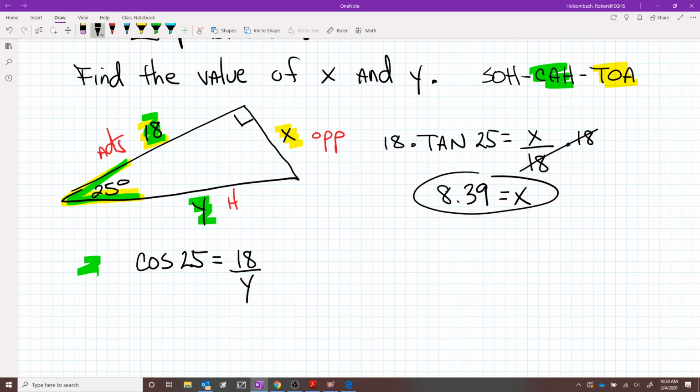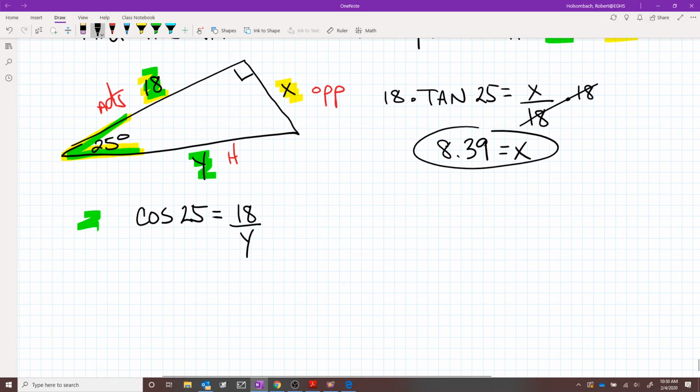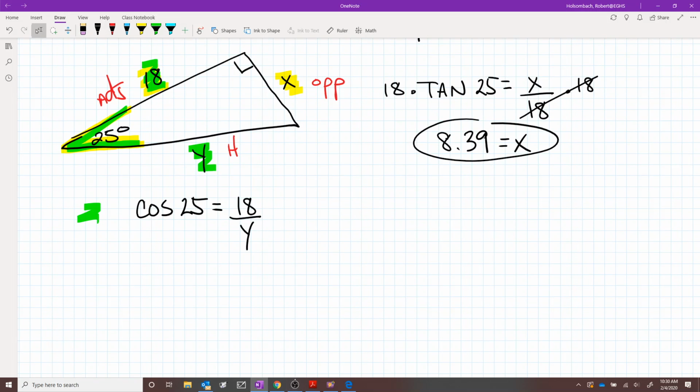Now, when the variable's in the denominator, you've got one more step. Your first step is to get the variable out of the denominator, and you do that by multiplying both sides by y. The y's on the right cancel each other out. So you've got y times cosine 25 equals 18.